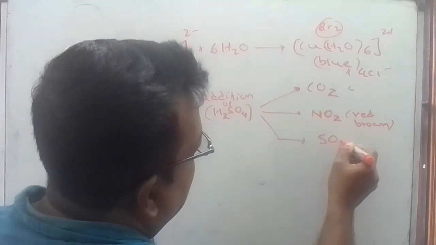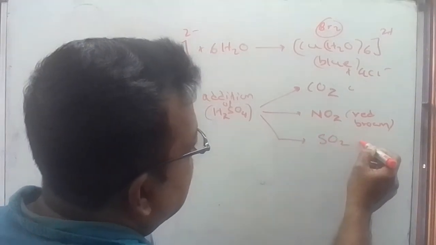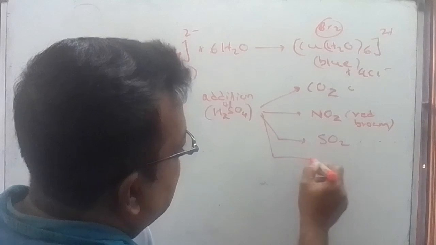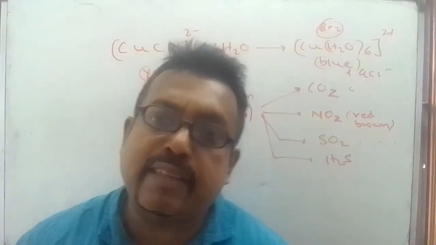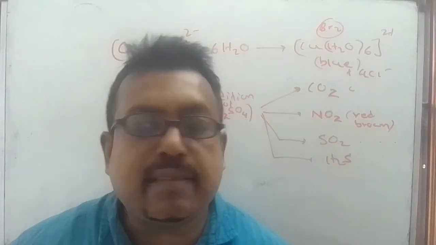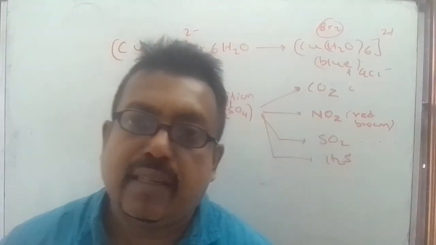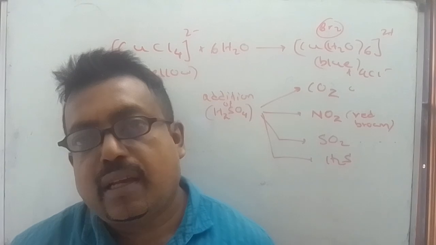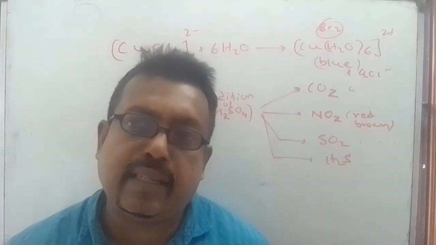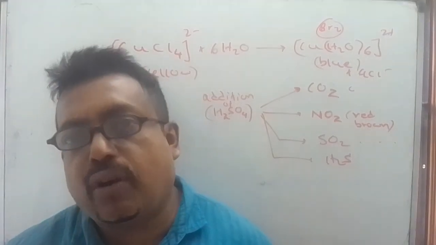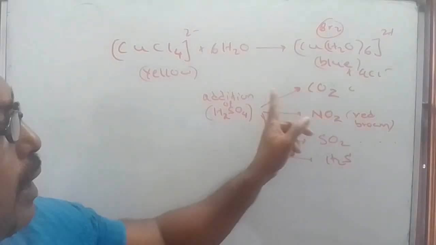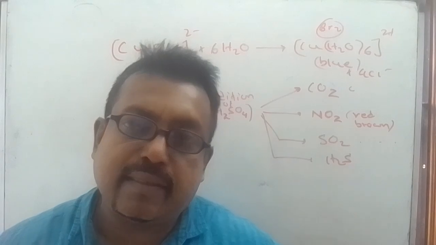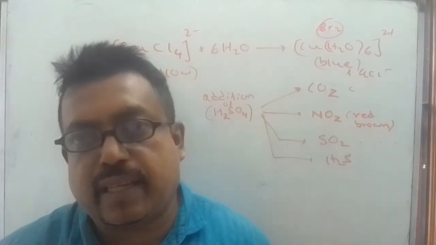Then sulfur dioxide, a colorless, pungent smelling gas. H2S, colorless, with a pungent or rotten egg smell. These are the main kinds of gases that can be released upon the addition of sulfuric acid to the particular salt. So in the presence of carbonate ions, they produce carbon dioxide.